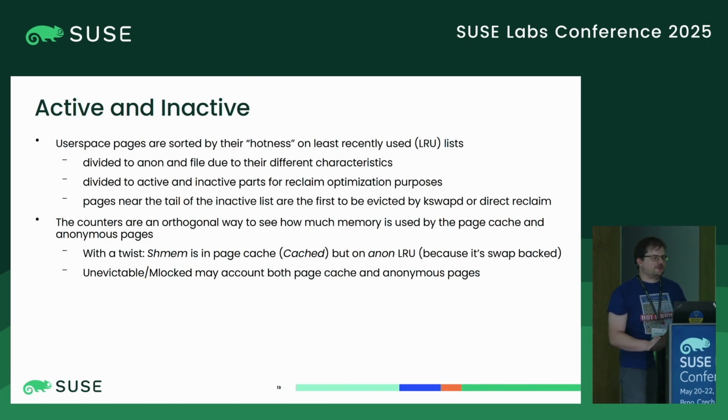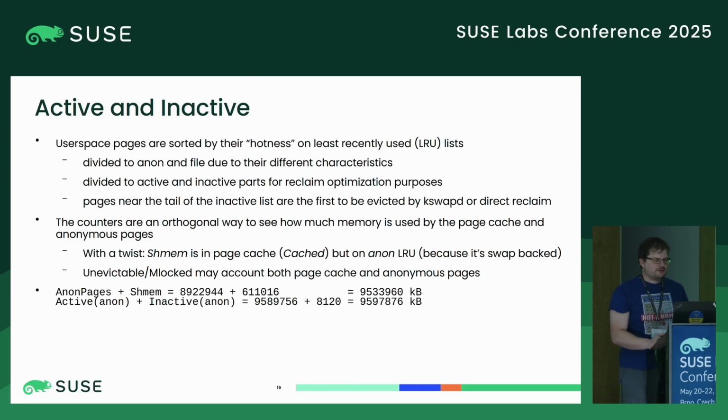And there's a bit of a twist. The shmem, the shared memory, is part of the page cache, so it's part of the Cached counter. But because it behaves like anonymous memory and has to be swapped out, it's counted against the anonymous active and inactive counters. There might also be some unevictable or mlocked memory that is not considered active or inactive, but there's usually not so much of that.